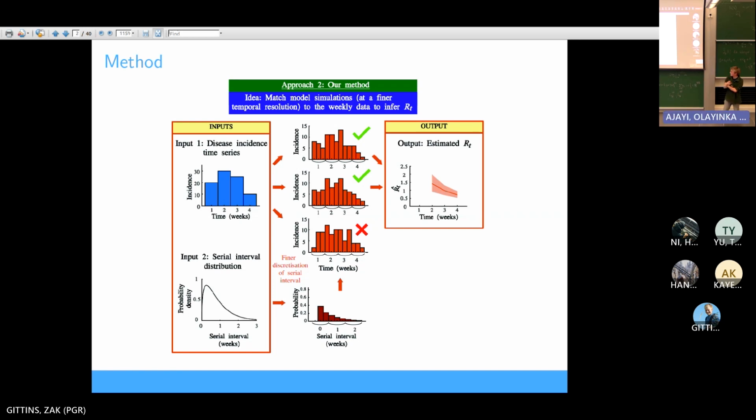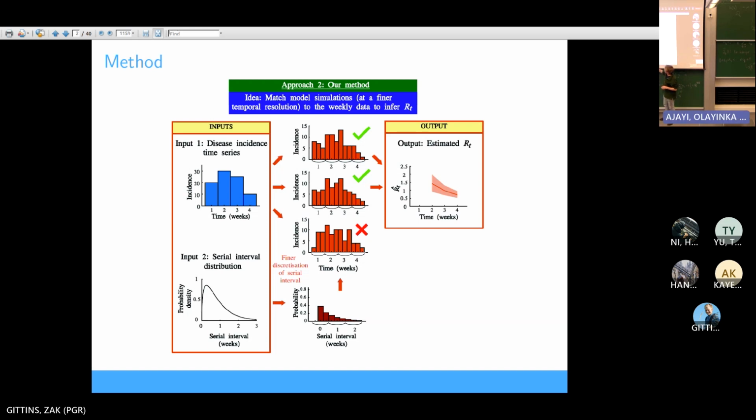I'm a bit worried about these schematics, because there's a lot going on. But the idea, just from this slide, is that we try to discretize our serial interval into something more appropriate. So you have to do a discretization step, and you choose a discretization that's more appropriate.